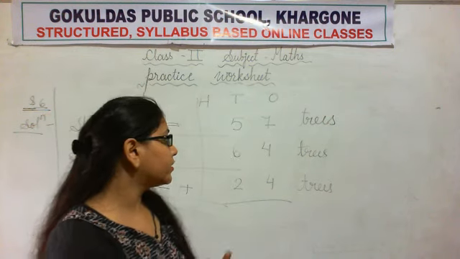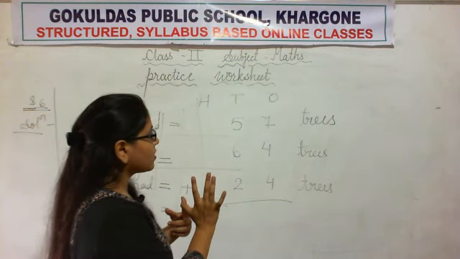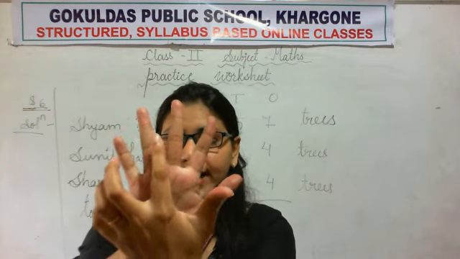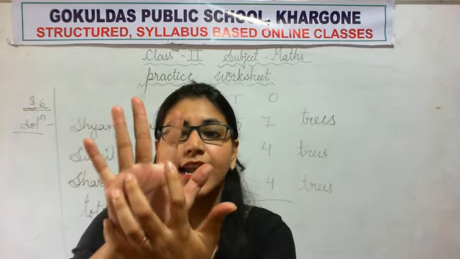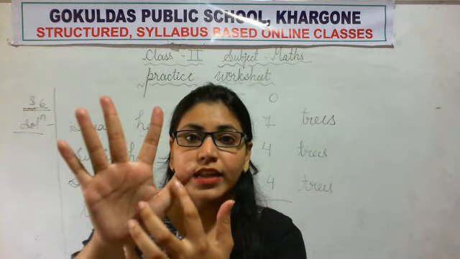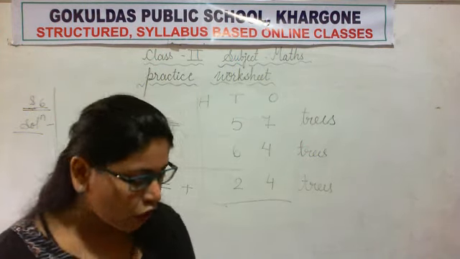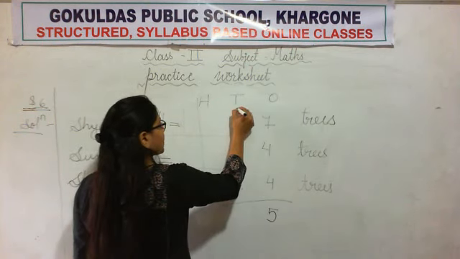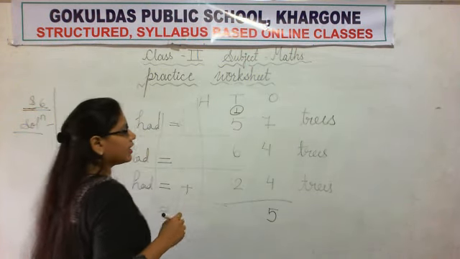Now let's count how many in all. 1, 2, 3, 4, 5, 6, 7, 8, 9, 10, 11, 12, 13, 14 and 15. We got a 2-digit answer, so we will regroup 15 in columns of ones and tens.